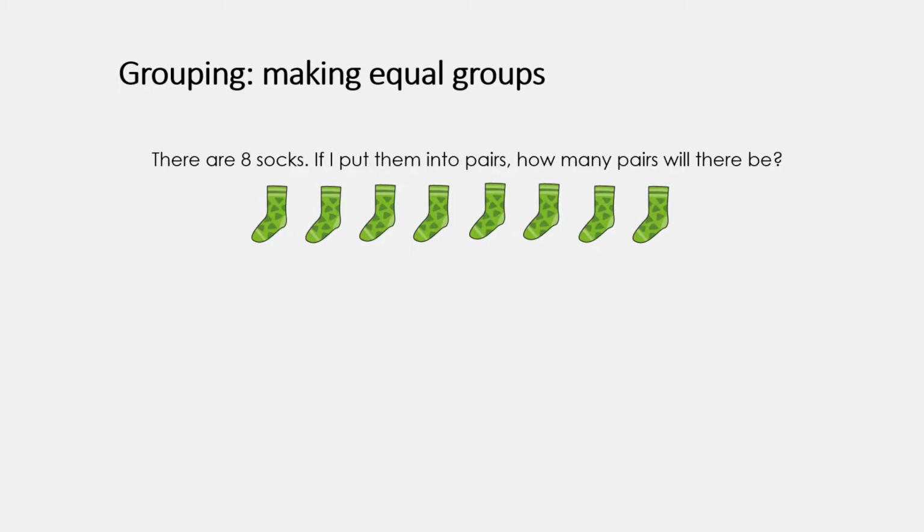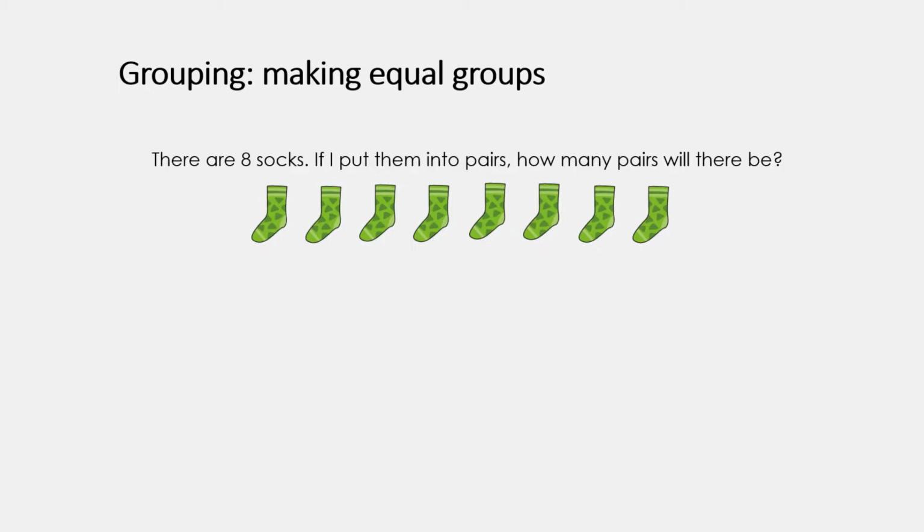So last week, if you remember, we looked at grouping, which is taking a whole and then making equal groups, so splitting the whole up into equal groups. In this example, there are 8 socks.